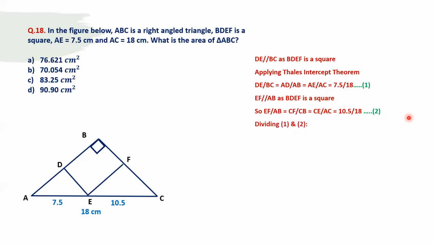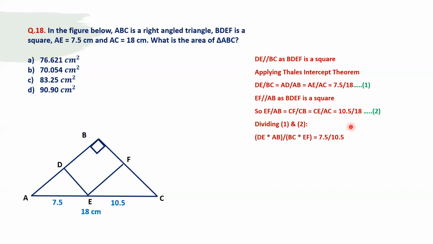Now, if we divide equation number 1 by equation number 2, then DE into AB divided by BC into EF is equal to 7.5 by 10.5. So we have used only these two sides and these numbers.